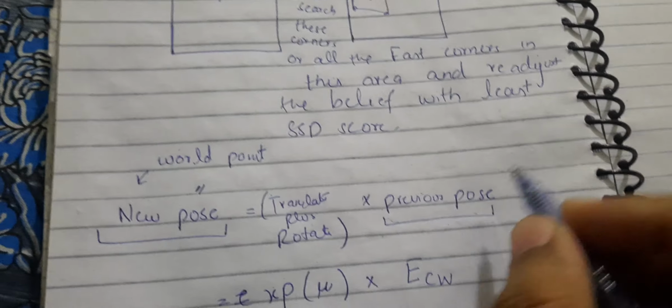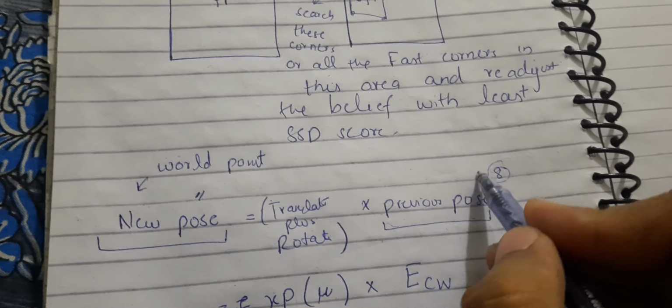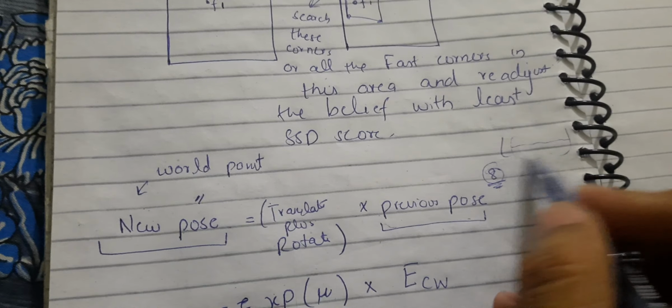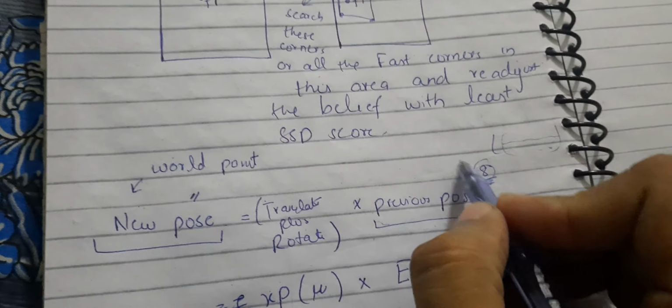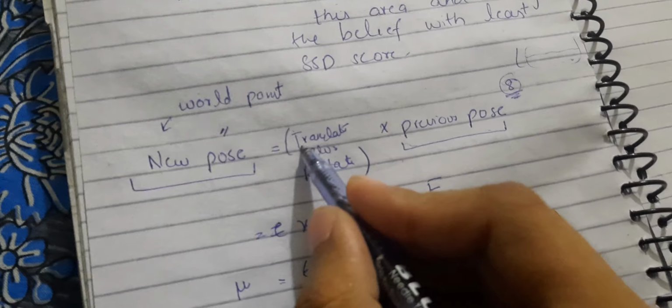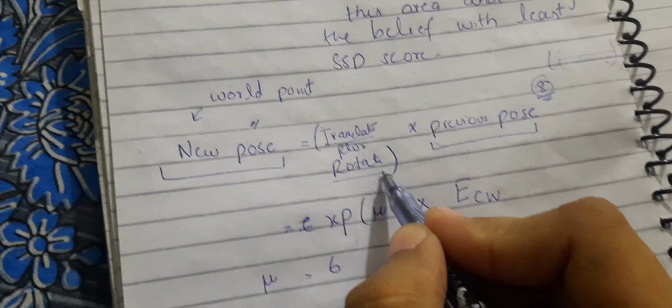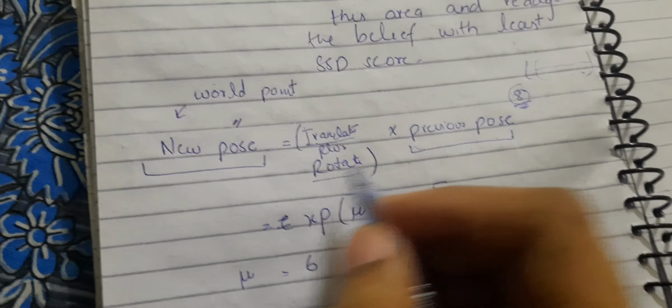This can be represented in this equation. You have the previous pose, and it cannot be a single number, obviously it will be a coordinate, and the new point in this keyframe will be equal to its product with translation and rotation. You did this with camera models.